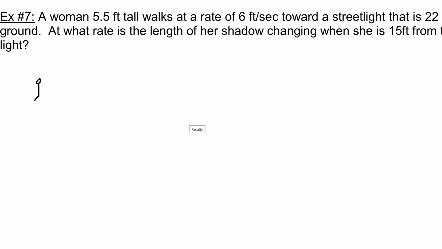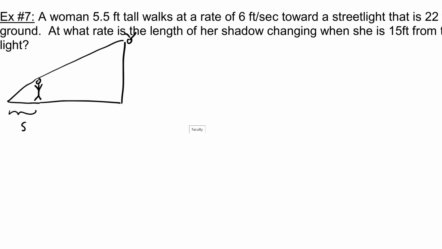Okay, we're gonna draw a picture. Here is Hannah Fahuna. She's walking. This is the length of her shadow, that's an S for shadow. We know that she's walking towards a street lamp. There's the street lamp, with a light on it.